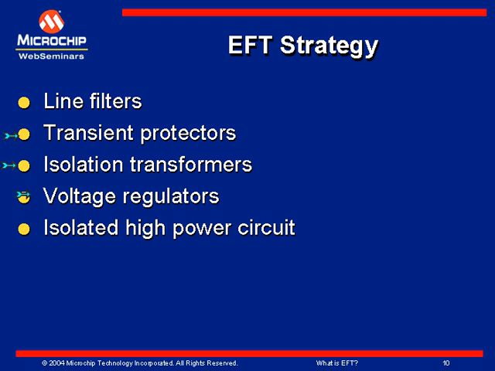Then another thing is you may use voltage regulators and other good power supply design to take care of the noise. The worst case for electrical fast transients is the system where you use a transformer as power supply.